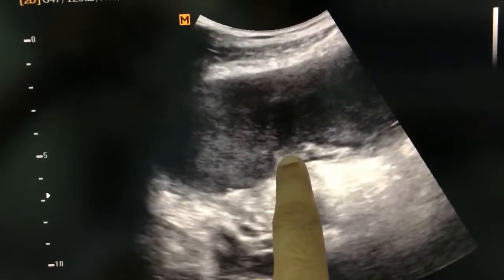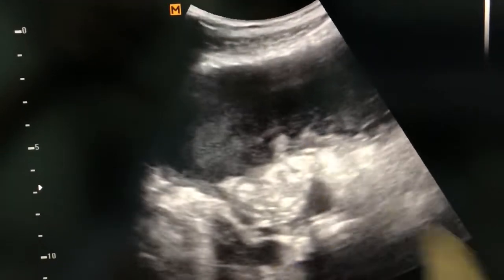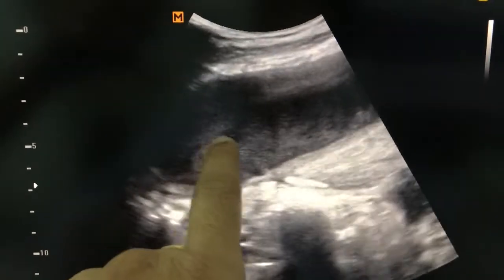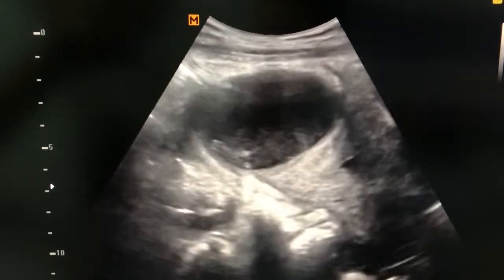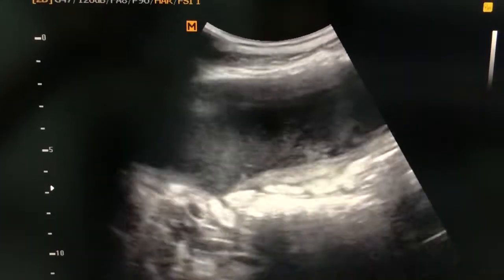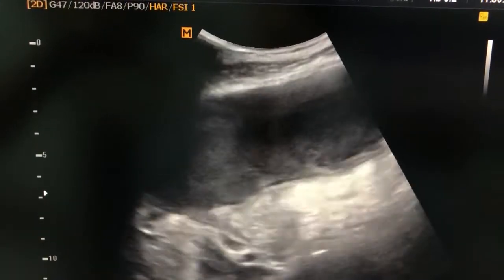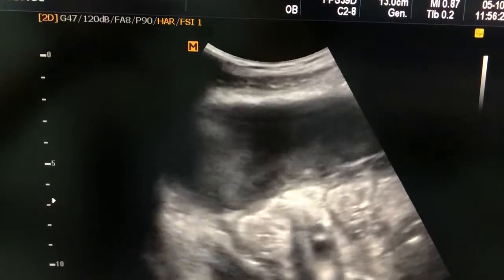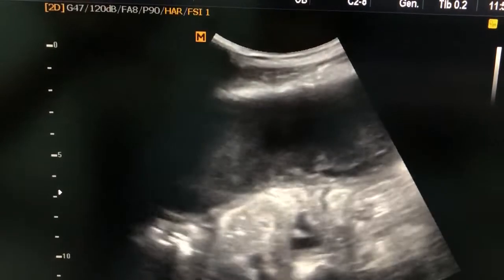How will you identify the torsion? You will see some projections, tiny projections arising from the inner wall of the cyst. And second thing is that the fluid inside the cyst will be of mixed echogenicity, and this fluid is due to the blood collection, due to the oozing of the blood, venous oozing, due to the torsion.